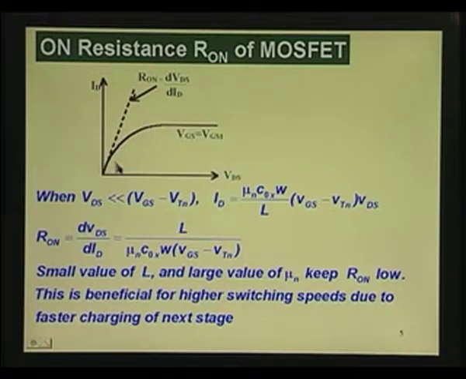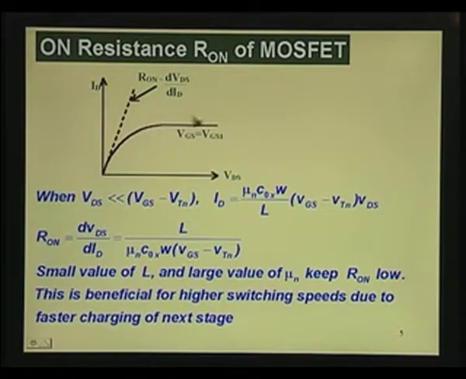So, on what does this on resistance depend? We want to keep it minimum. Any resistance, any capacitance should be kept to a minimum. So, we want to keep the resistance to a minimum. That means the slope should be as steep as possible. It should be as steep as possible here. So, it is governed by certain equations of the MOSFET. This portion of the MOSFET characteristics is called the linear region.